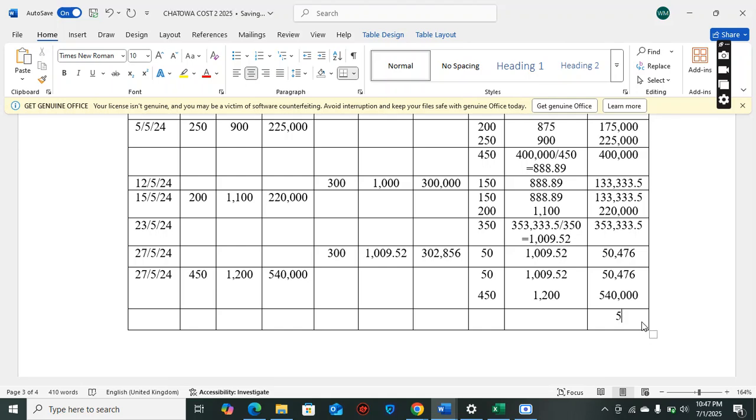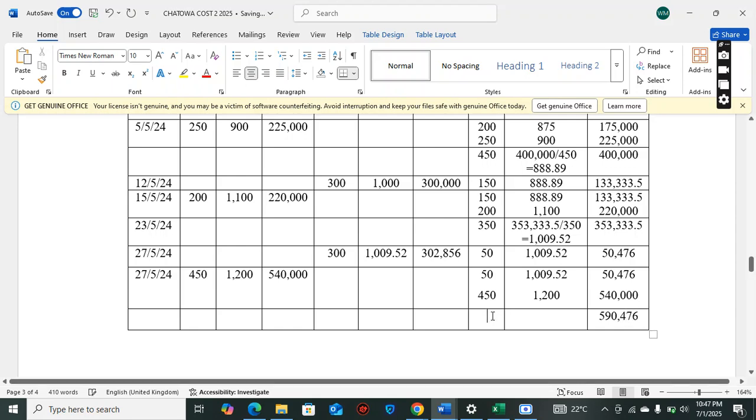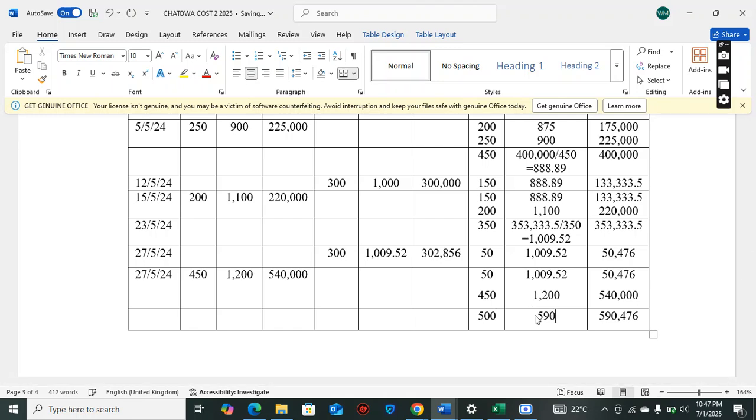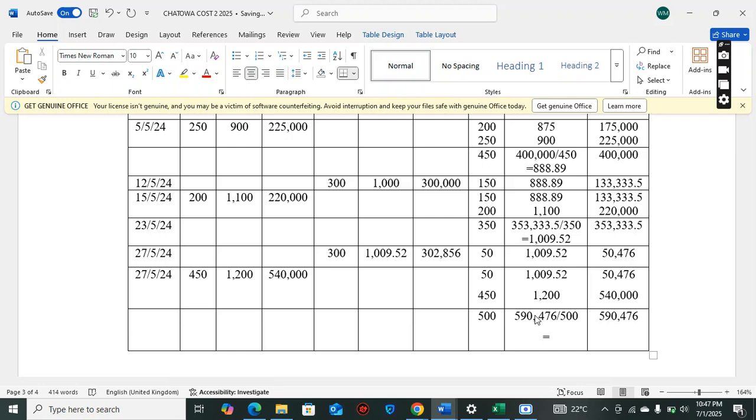Here, 450 plus 50, that is 500. So 590,476 divided by 500. What do we get?